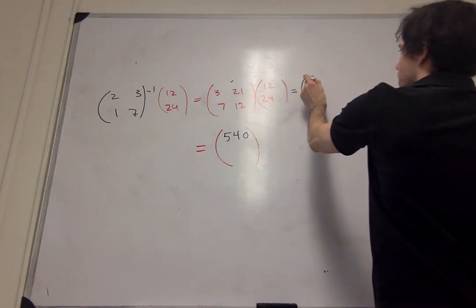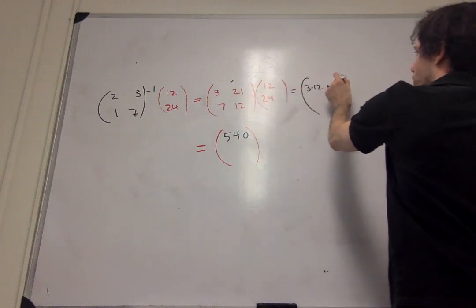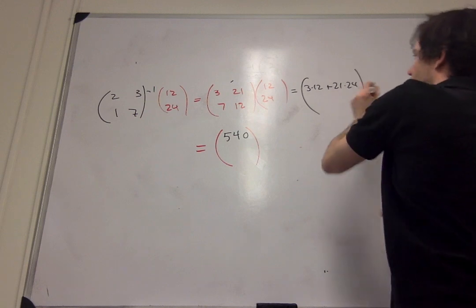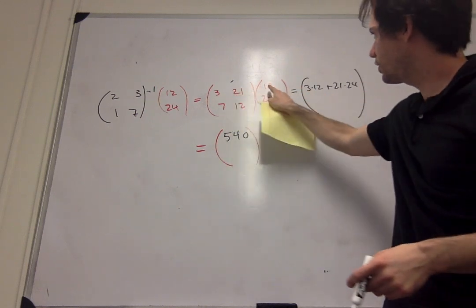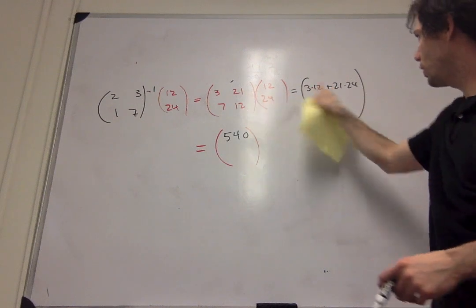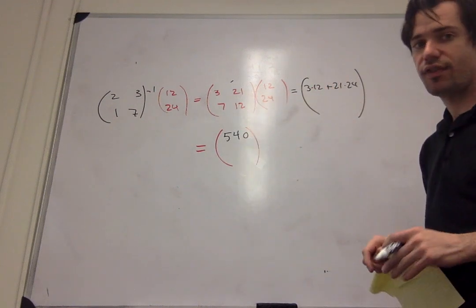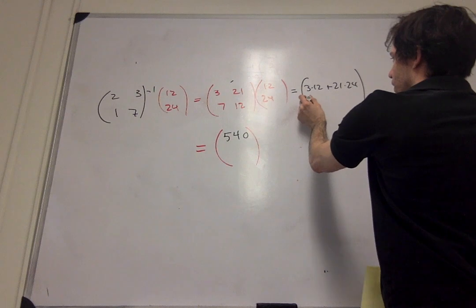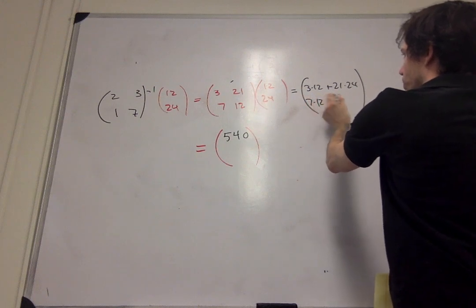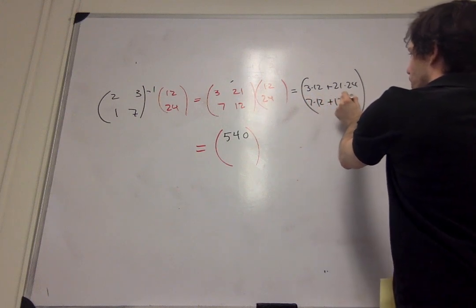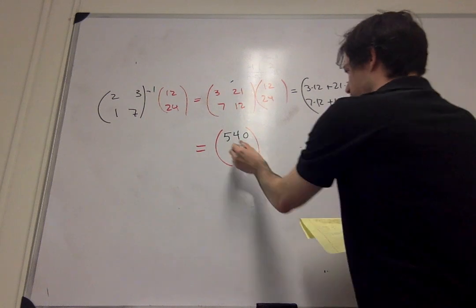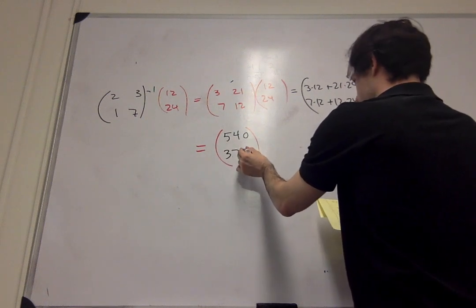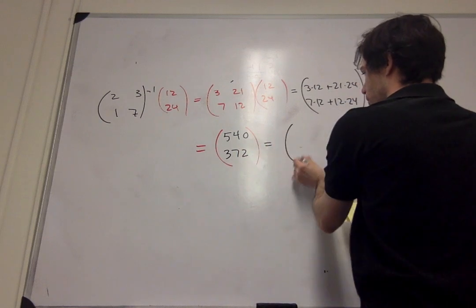It's 3 times 12 plus 21 times 24. That's 540. And then 7 times 12 plus 12 times 24 is 372.